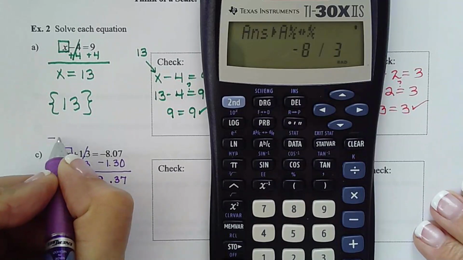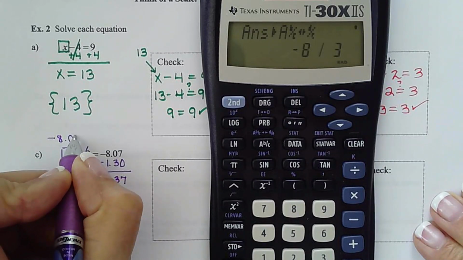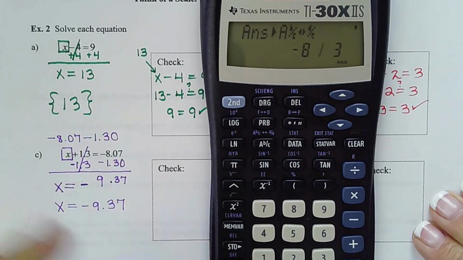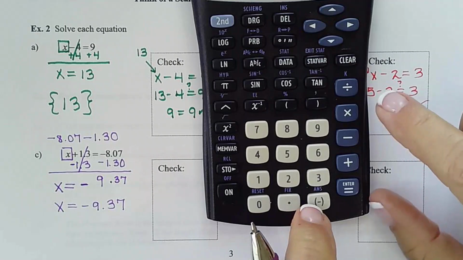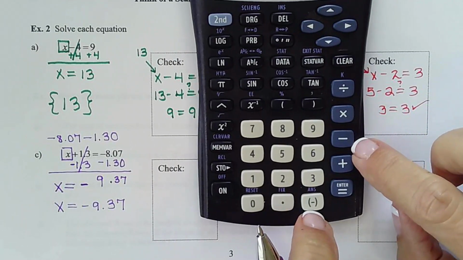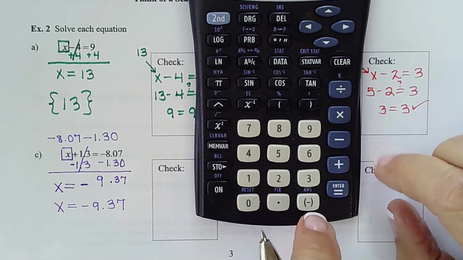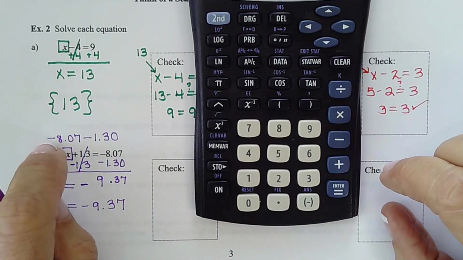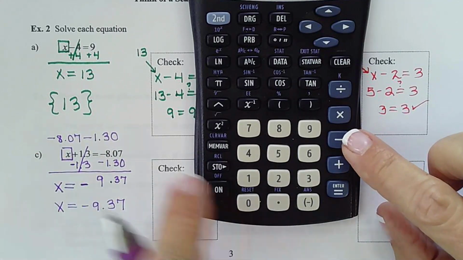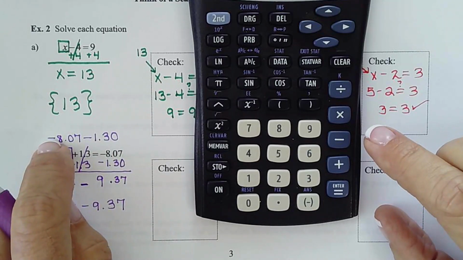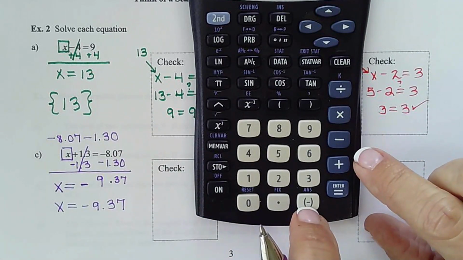To do it on your calculator, you have to remember that this is a negative, because this is what the problem would look like if you wrote it out horizontally, because students really have a hard time distinguishing between the negative and subtraction when they're first using the calculator. So remember, this is a negative. Negatives are numbers that are out in front. Subtraction are numbers in between two numbers. So this is a negative, this is subtraction.